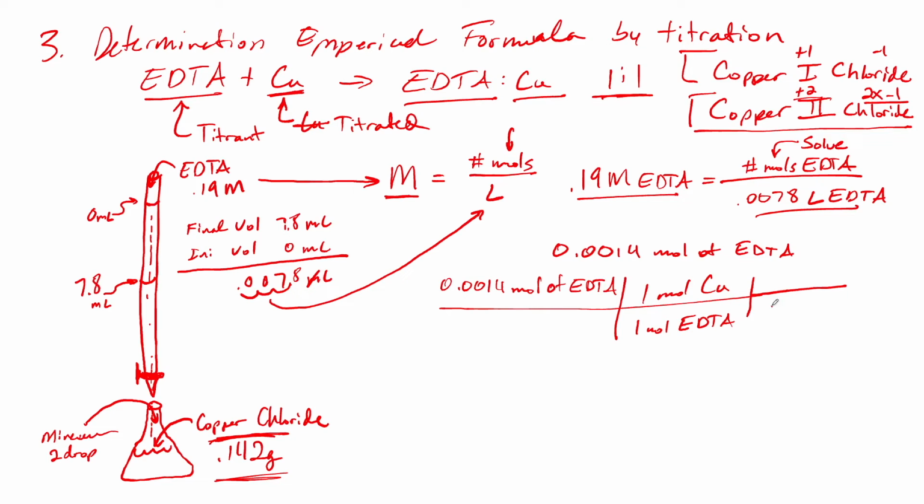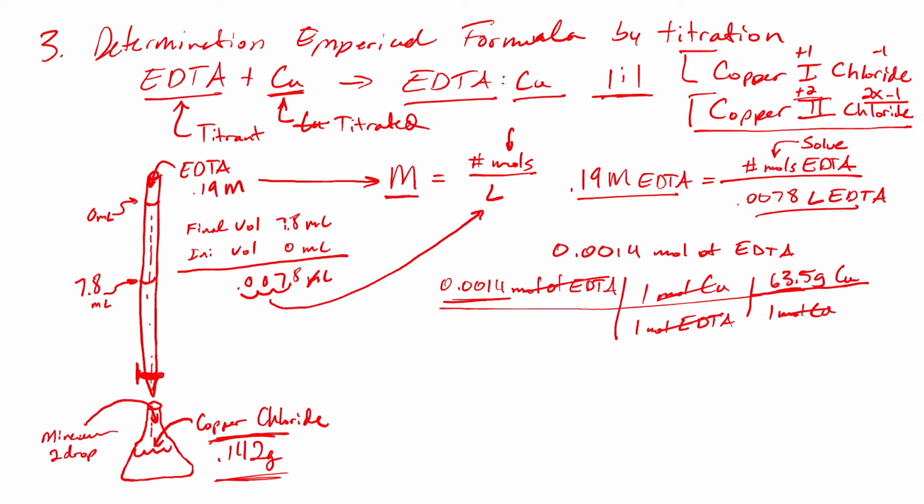And that's easy because for every 1 mole of copper, you can look on the periodic table, and the periodic table will say that there's 63.5 grams of copper for every mole of copper. So go through and cancel all that stuff out, moles of EDTA with moles of EDTA, mole of copper, and now all you're left with is multiplying 0.0014 times the molecular weight of copper.